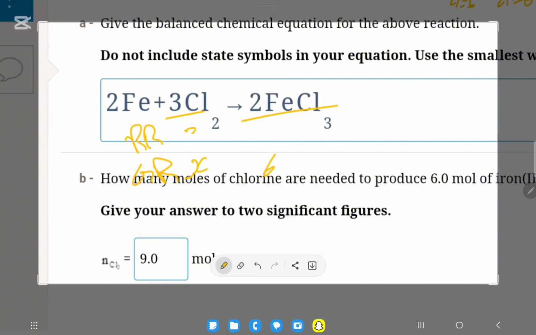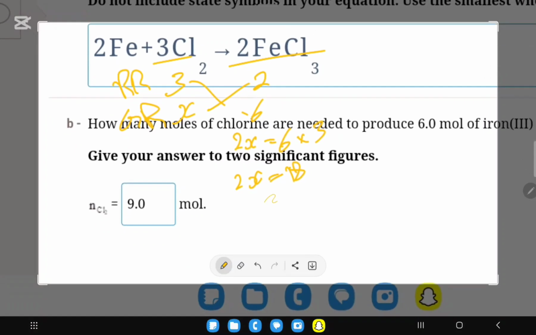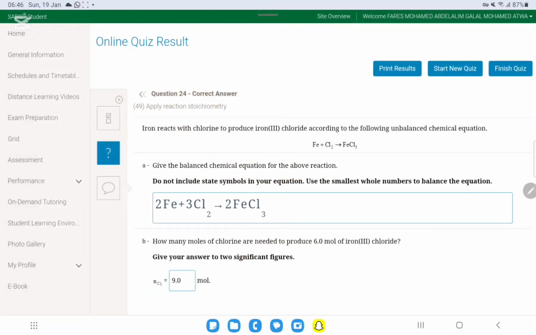For the RR we have 3, they gave us in the balanced equation 3 and 2 for the iron tetrachloride. You cross multiply. 2x is 6 times 3. 2x is 18, and you divide both sides by 2, so x is equal to 9. Two significant figures, x is 9.0 moles of chlorine. So this is the chemistry quiz.